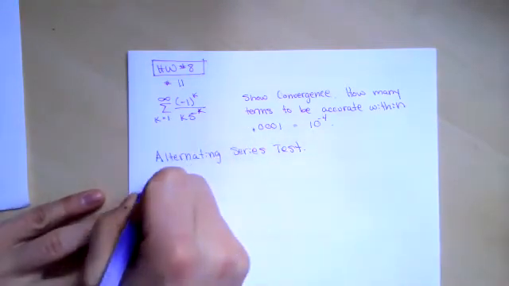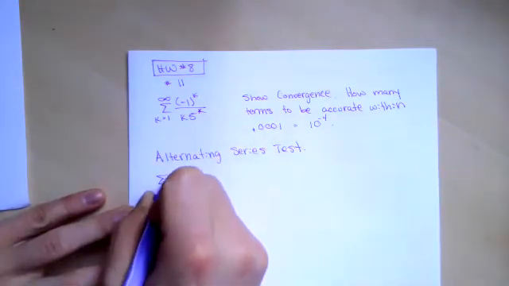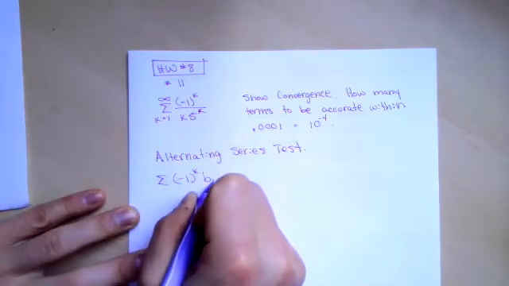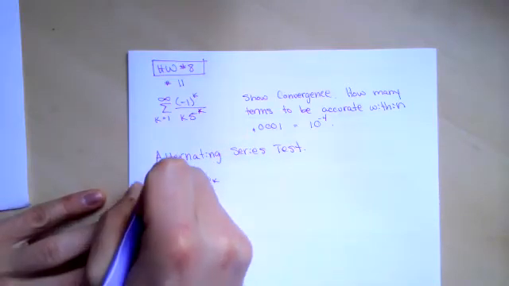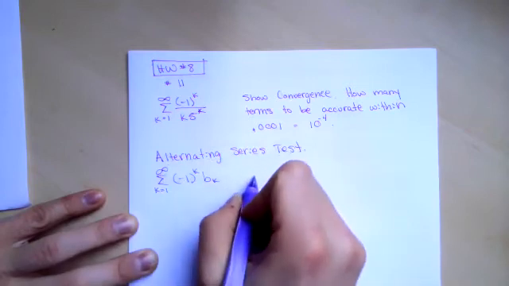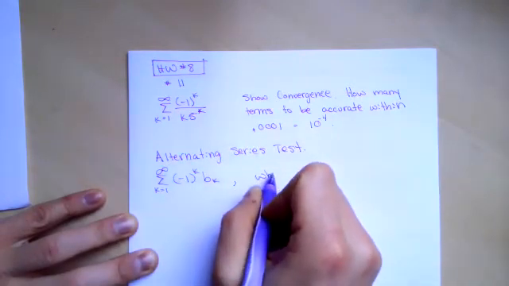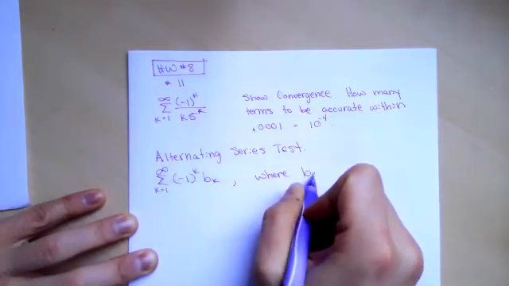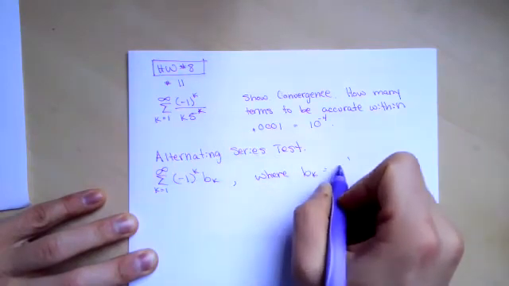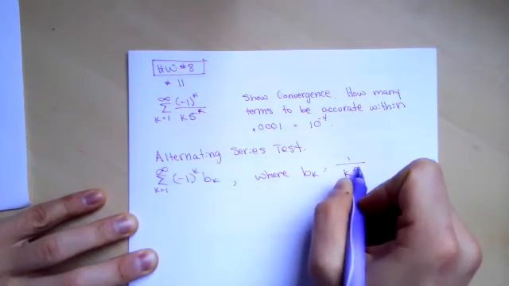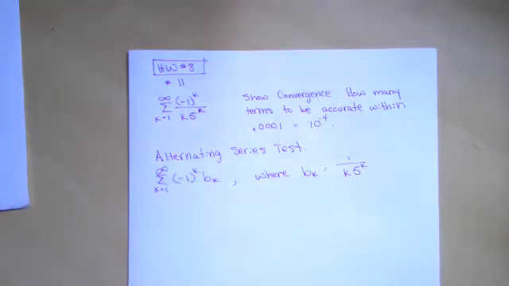So we have an alternating series, the sum of (minus 1) to the k times b_k, where our b_k are now just 1 over k times 5 to the k.